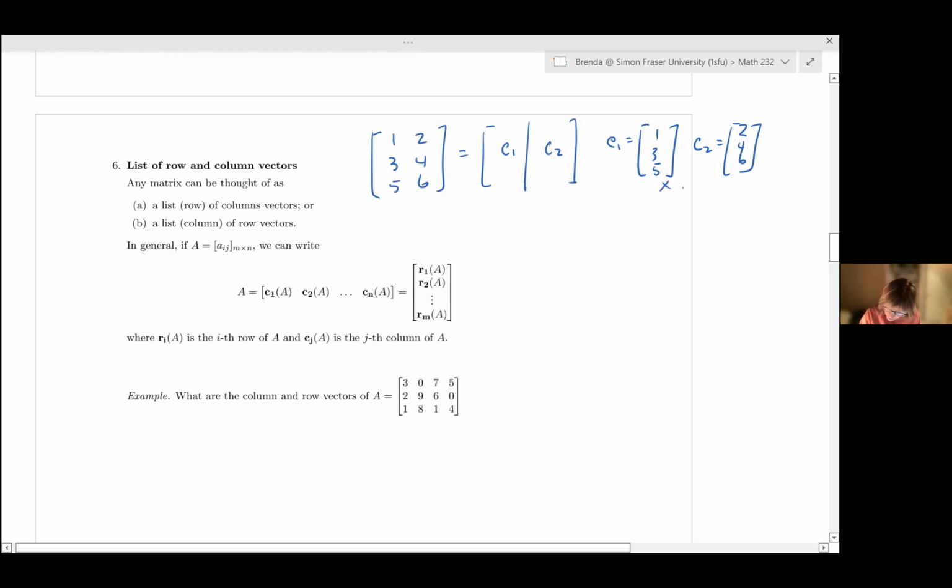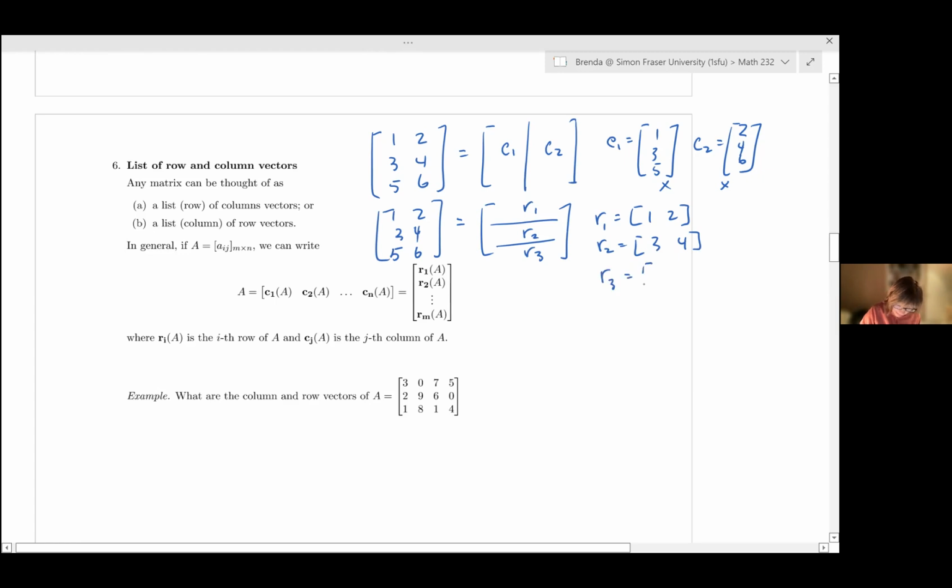So if I have these two vectors, I could say to myself, I'm going to make a matrix out of these two vectors by putting those two vectors into the matrix as columns. Similarly, I could be thinking this way, 1, 2, 3, 4, 5, 6, like this. I could be thinking of this as a list of row vectors, where row 1 is 1, 2, row 2 is 3, 4, and row 3 is 5, 6.